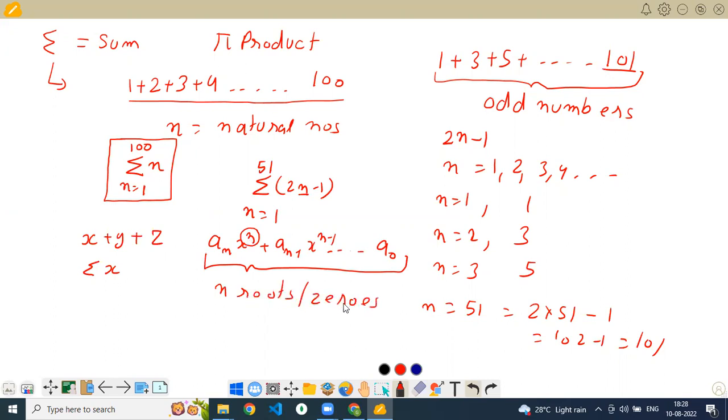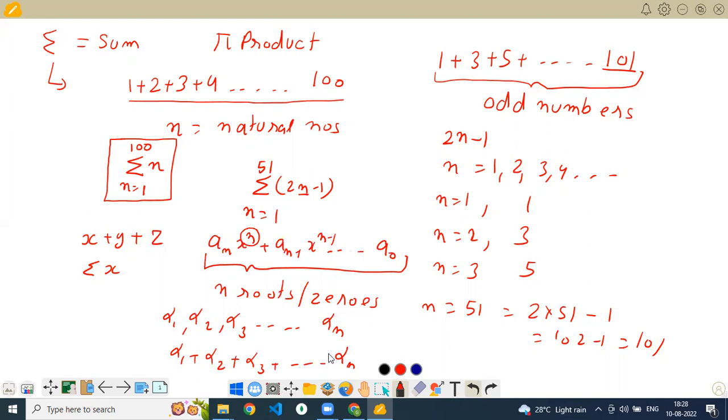Okay. Yes, sir. So we can say the n zeros or the n roots of this equation are alpha 1, alpha 2, alpha 3, dot dot dot, alpha n. So as we discussed, I want to find the sum of all the roots. Then write it as alpha 1 plus alpha 2 plus alpha 3 plus dot dot dot alpha n.